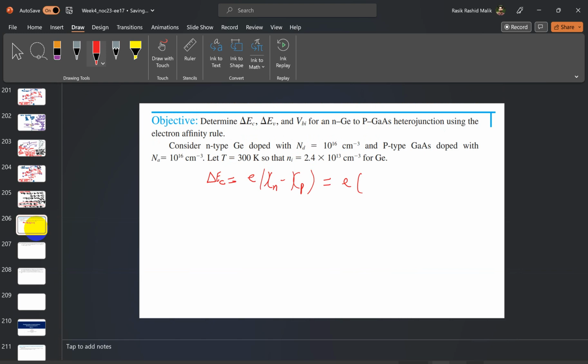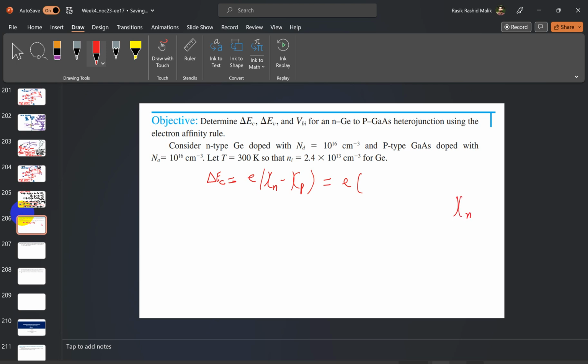And what is the value of the electron affinity for the N type material and the P type material? Let me just write it here, because these are the materials. We can find it on Google as well. I have already noted these values.